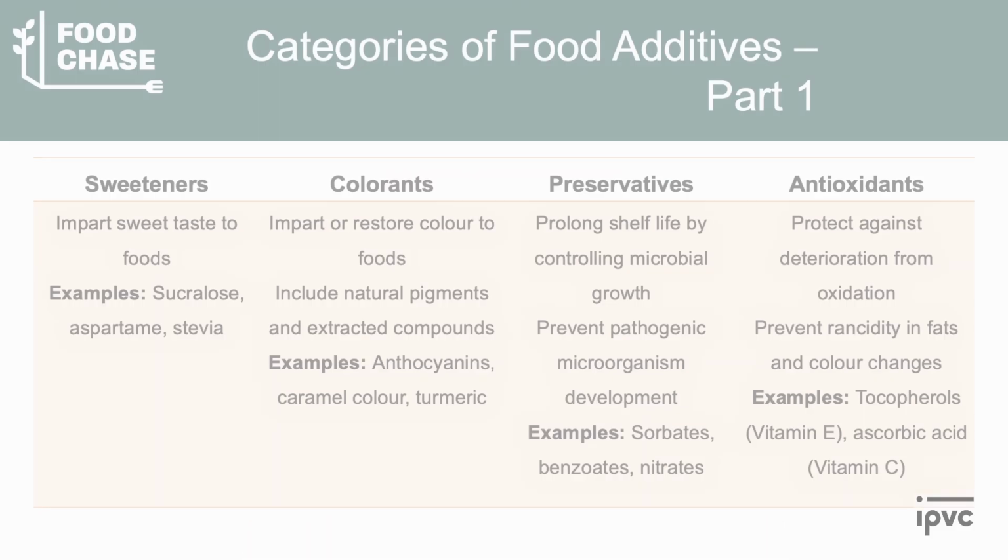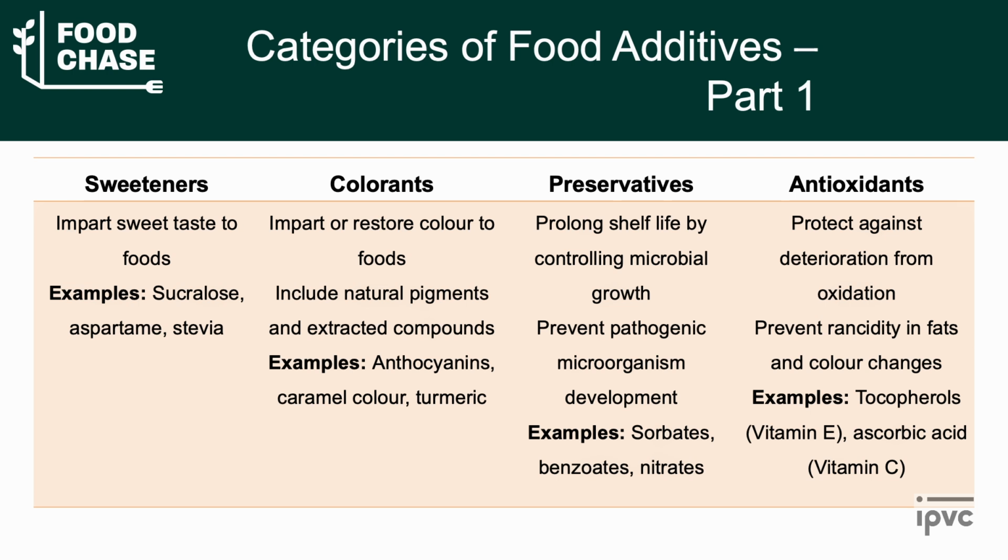Let's explore the main categories of food additives. Sweeteners replace or supplement sugar, allowing manufacturers to create lower-calorie products. Colorants restore or enhance color. This is especially important in processed foods, where color can fade during manufacturing or storage.